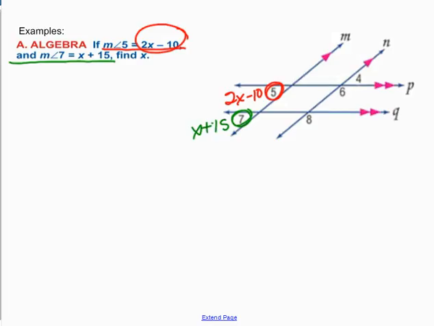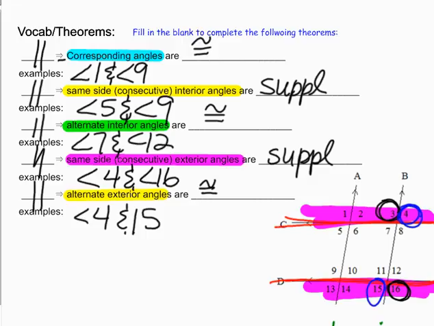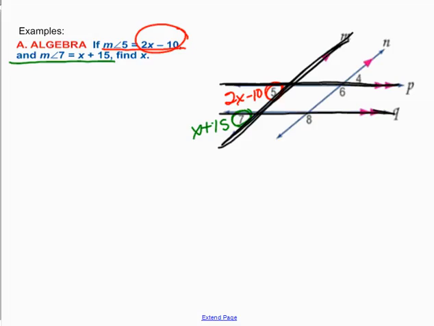Okay, when I'm looking at this picture, I notice that I have these two parallel lines and this transversal. So if I look at those two angles, I notice that those are corresponding angles. Corresponding angles from your notes up here are in the blue. That says they're congruent. So if they are congruent, I'm going to just set them equal to each other.